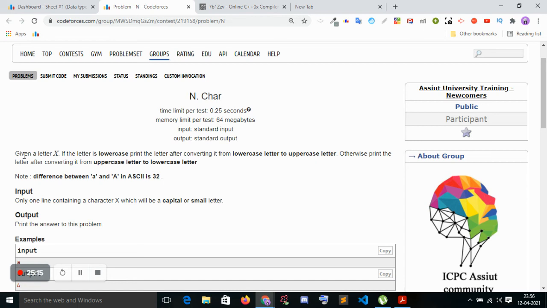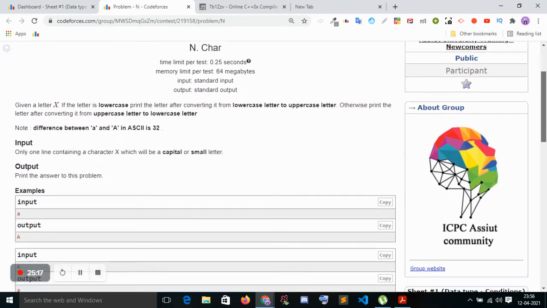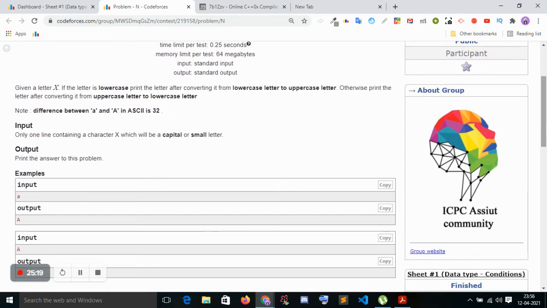Okay. So given a letter X, if the letter is lowercase, print the letter after converting it from lowercase letter to uppercase letter. Otherwise, print the letter after converting it from uppercase letter to lowercase letter. Okay. So here they say that the difference between A and a is 32. It's very important.